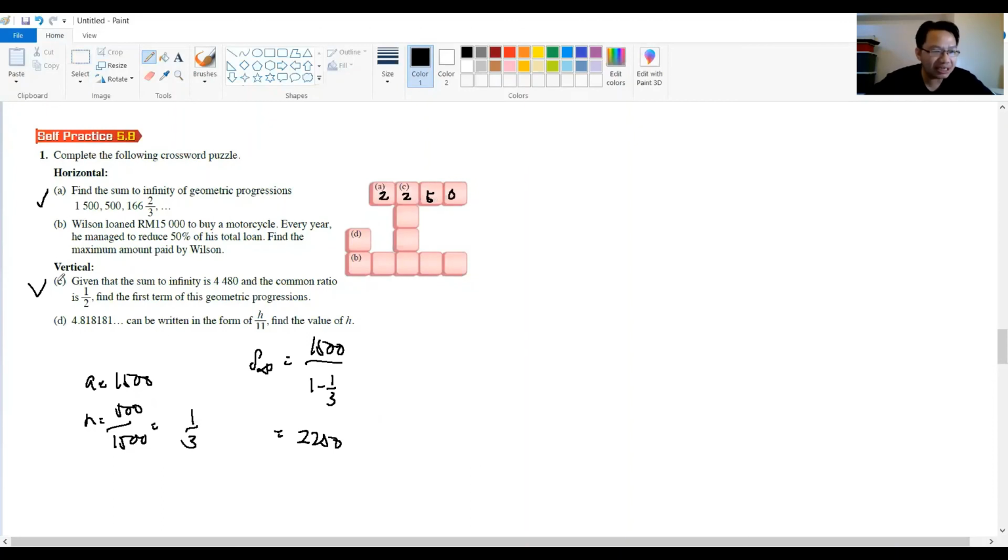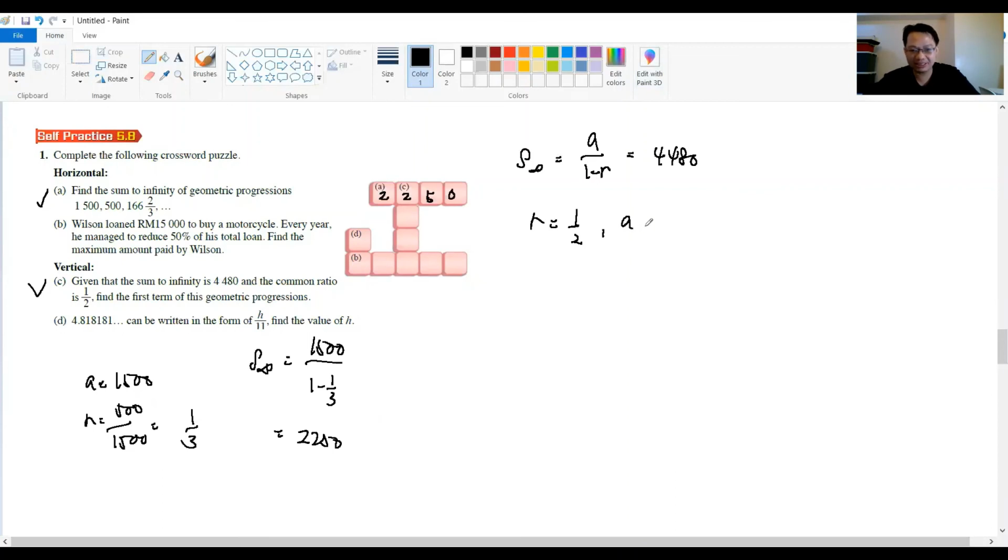Okay, let's do C. Given the sum to infinity, S infinity, which equals A over 1 minus R. I told you, always elaborate with the formula. 4480 is your sum to infinity, the first equation. And the common ratio is given as 1 over 2.